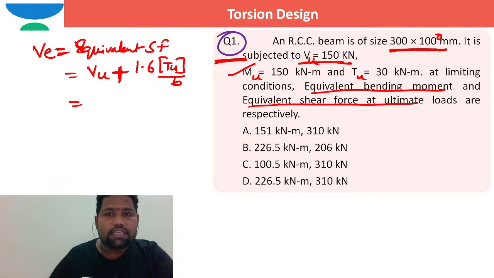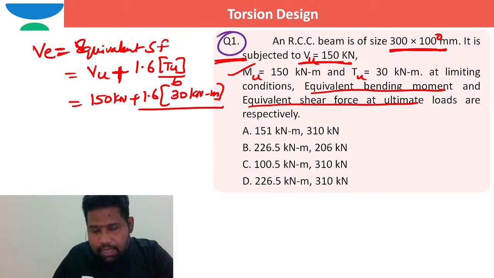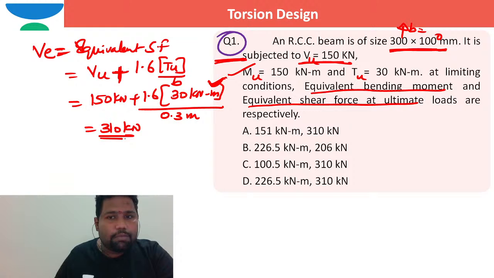So VU is 150 kilonewton plus 1.6 times TU, which is 30 kilonewton meter, divided by B. B stands for the width of the beam, which is 300 millimeter. But the linear dimensions are in meter, so I need to write B also in meter, which is 0.3 meter. If you work out, it is 310 kilonewton. That means the equivalent shear force is 310 kilonewton, no doubt.